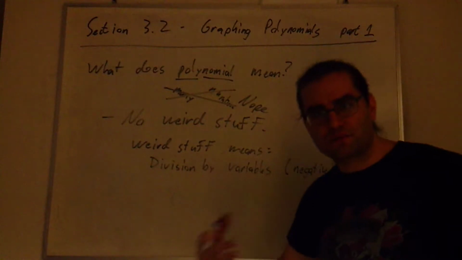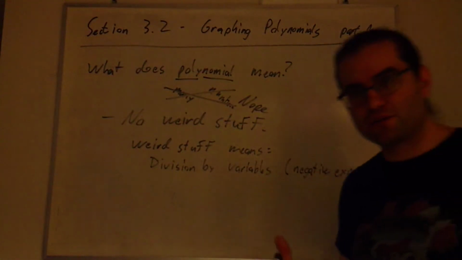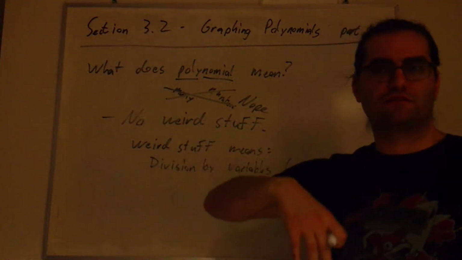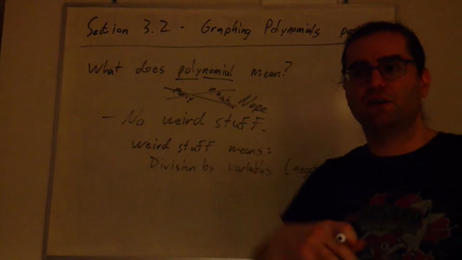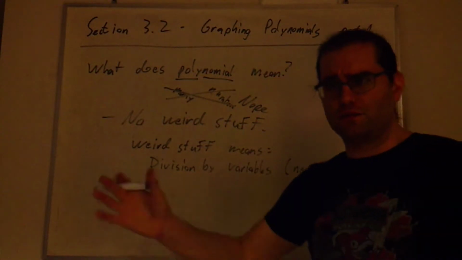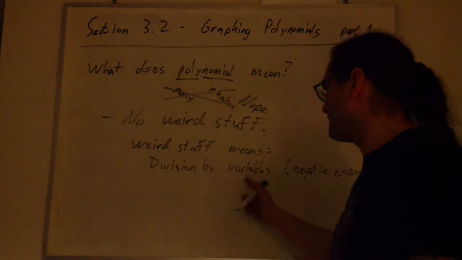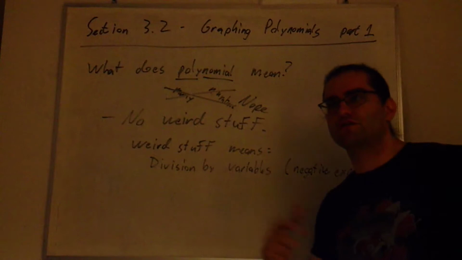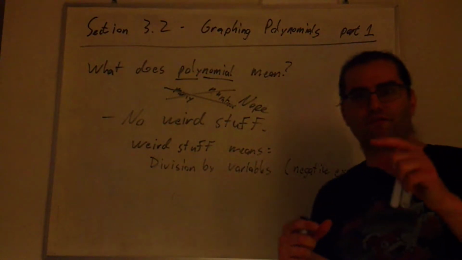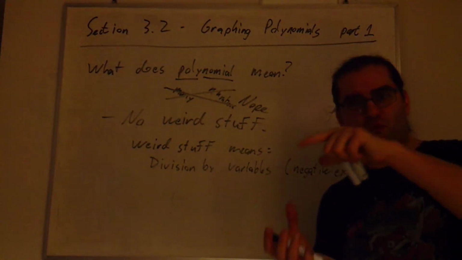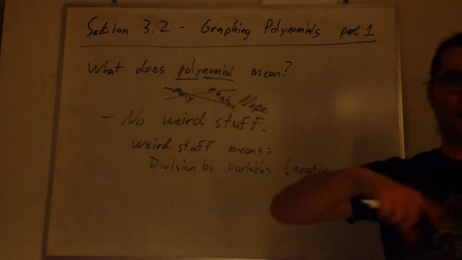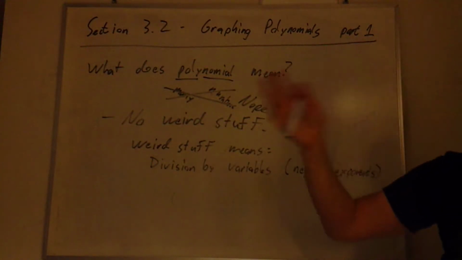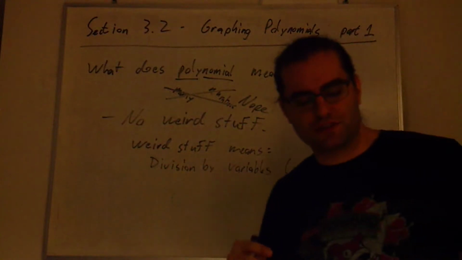If you get expressions where you have division by variables happening, like if you just watched the section 2.6 video and you came here, first of all, good for you for watching them in a row. That's smart. Second of all, in that 2.6 video we ended up with a function combination where we took f divided by g and we got this rational function where we had an x squared plus 3 minus 3 divided by an x plus 10 or something.